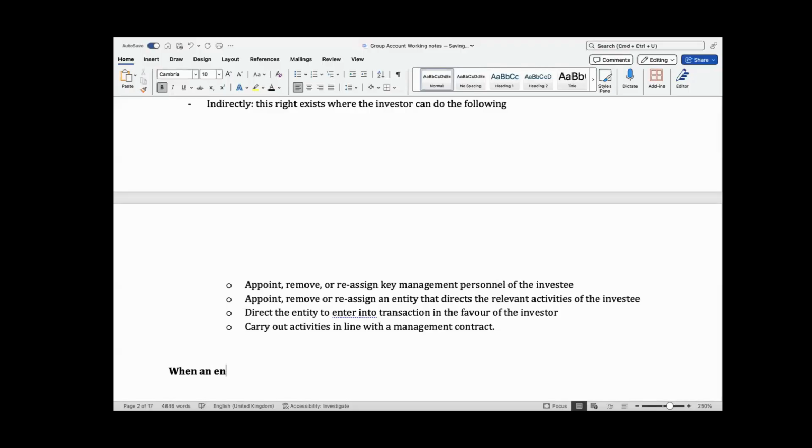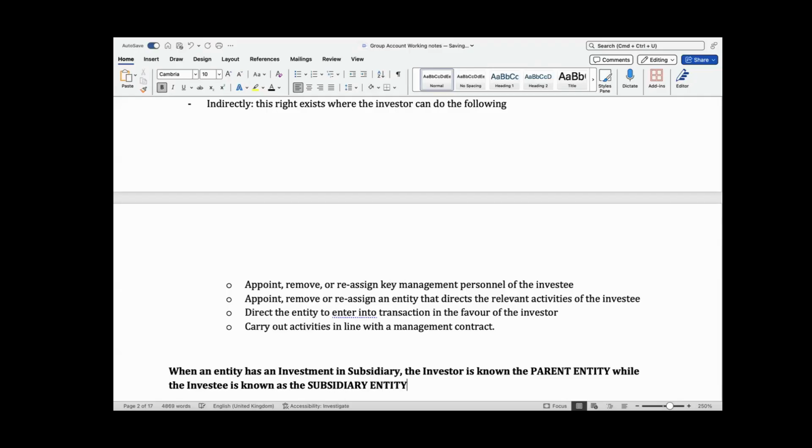So when an entity has an investment in subsidiary, the investor is known as the parent entity, while the investee is known as the subsidiary entity.